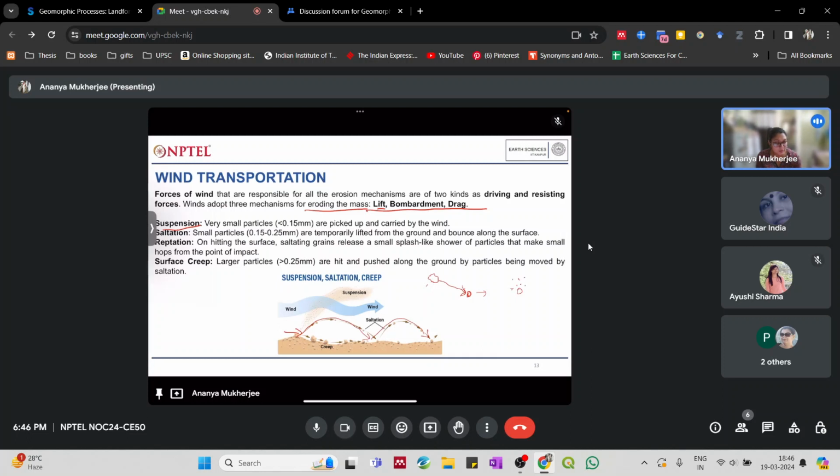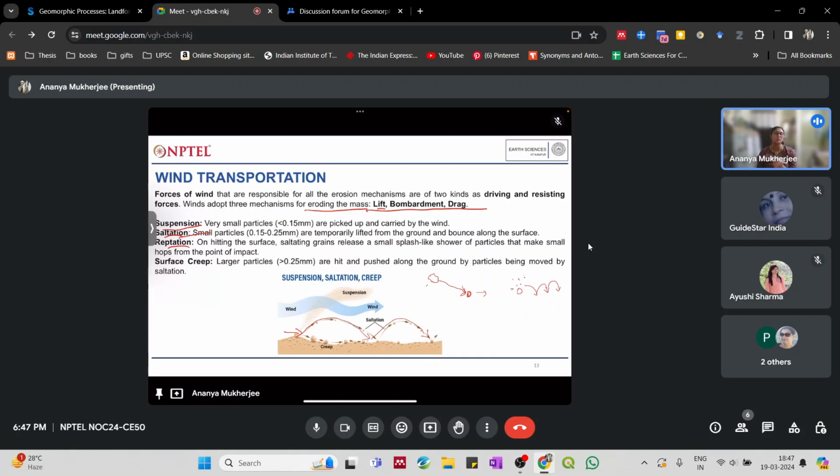Now these fragments are going to hop about and be carried in the wind in the manner of saltation. So these are mostly saltation and reptation. Both of them have the bouncing of sediments from one place to another, and then you have the surface creep.